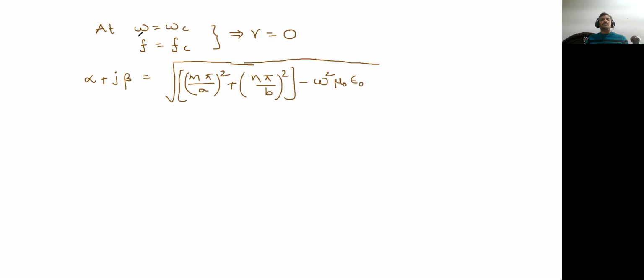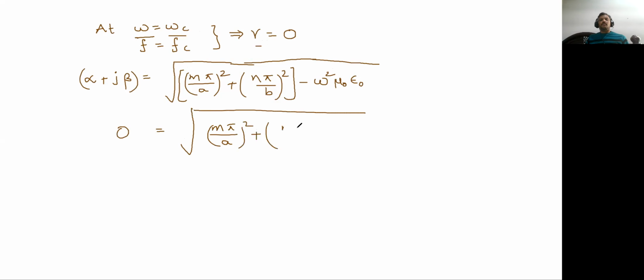Now substitute this condition: omega equal to omega c, and gamma equal to 0. This entire expression we are going to call gamma. So substitute gamma equal to 0, and this will now become (m pi by a) whole square plus (n pi by b) whole square minus omega c square mu naught epsilon naught.